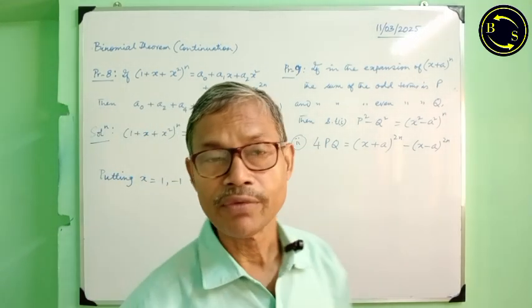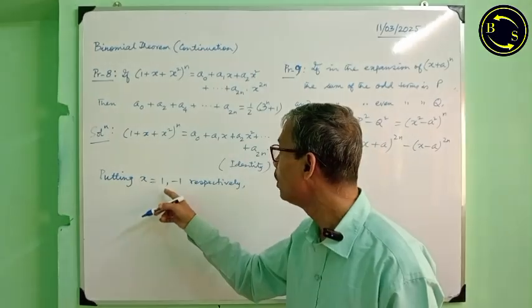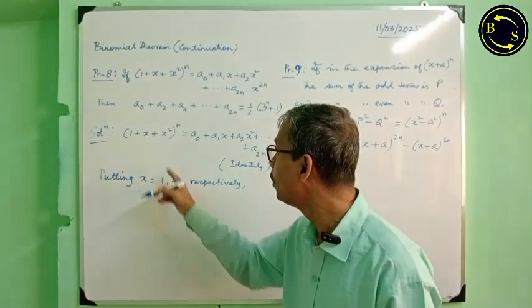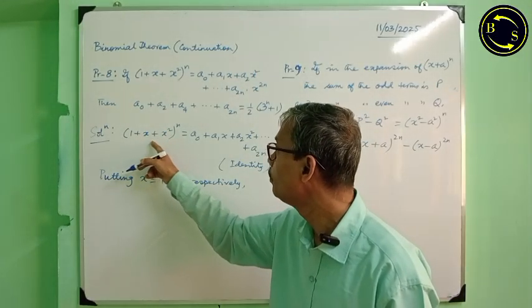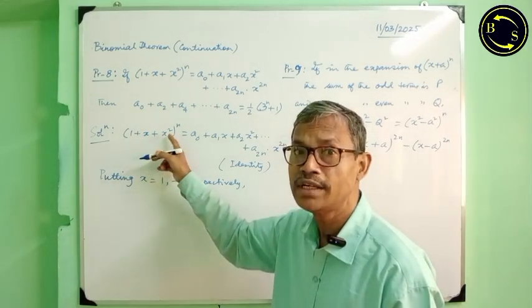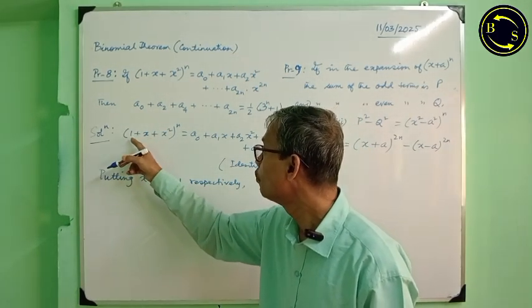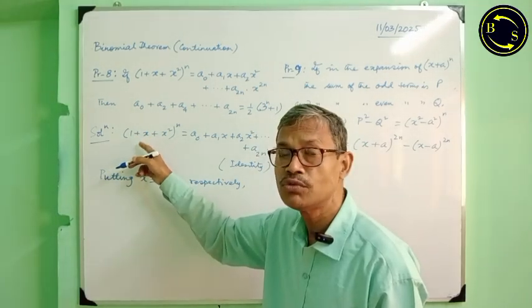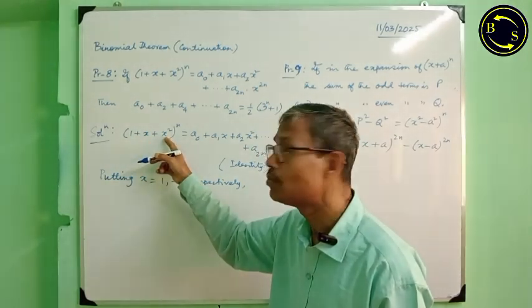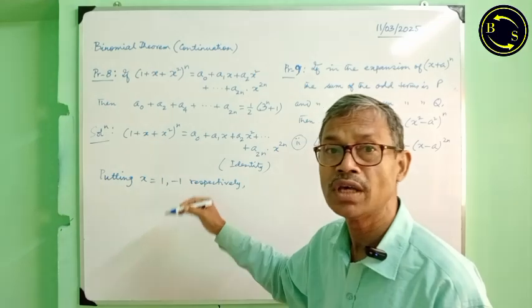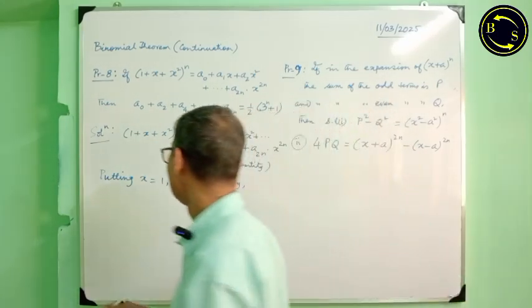Let me clarify why I put 1. Already I have told, if I put 1, I will get the value of the expression inside the bracket as 3. And if we put minus 1, then 1 minus 1, those will be cancelled, and minus 1 whole square will be 1. That is why we are choosing these values.